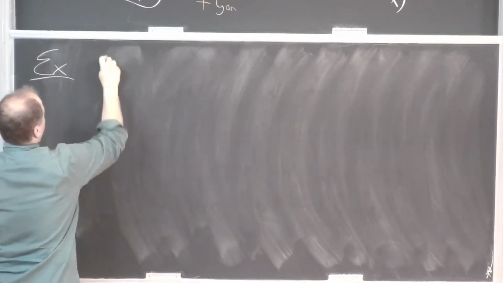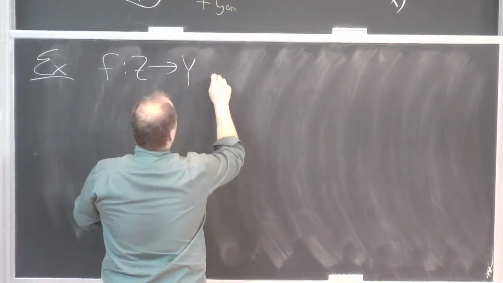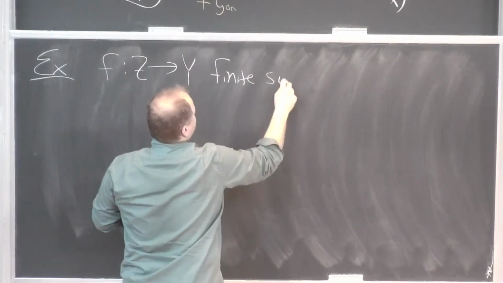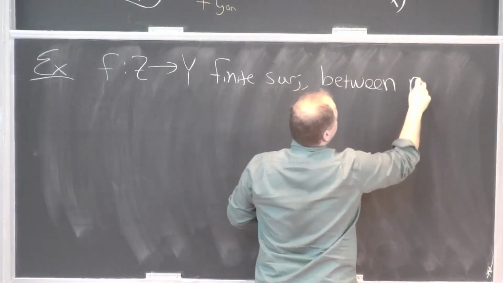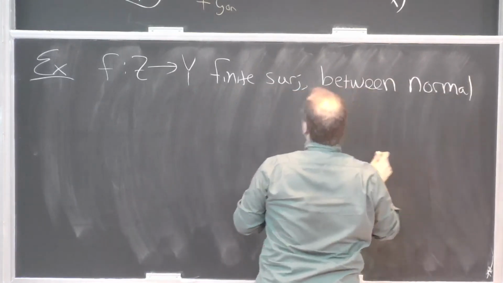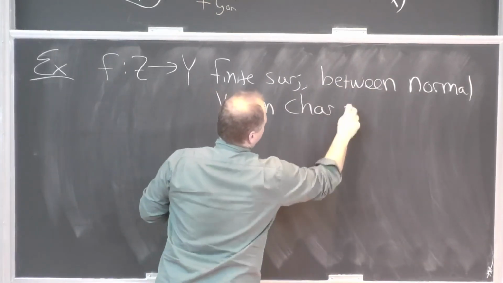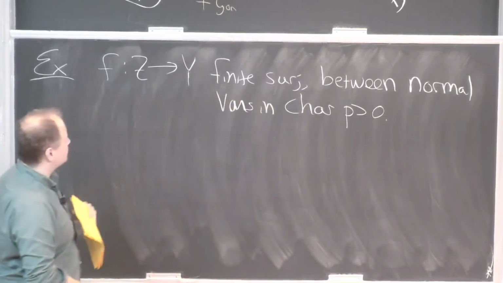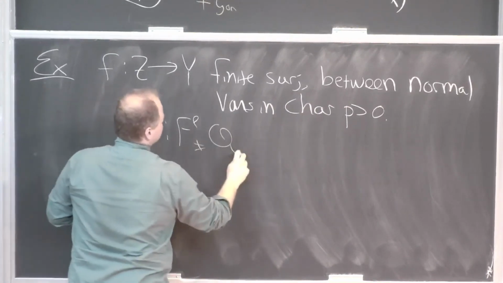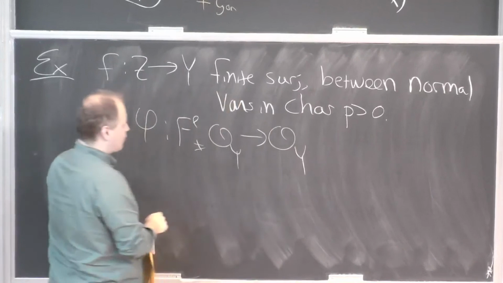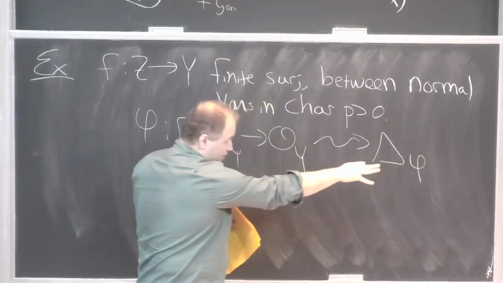Okay, if I have f from Z to Y, finite surjective between normal varieties, and characteristic p, maybe I have phi, I'll be nice, maybe it's a Frobenius splitting from O_Y to O_Y. I use that to cook up some kind of delta phi, just like that over there.